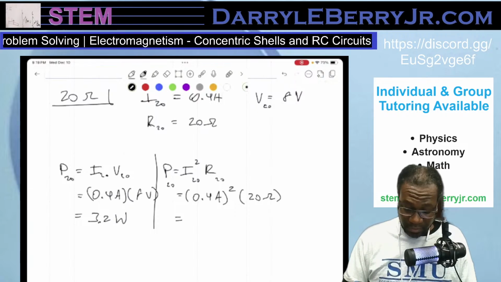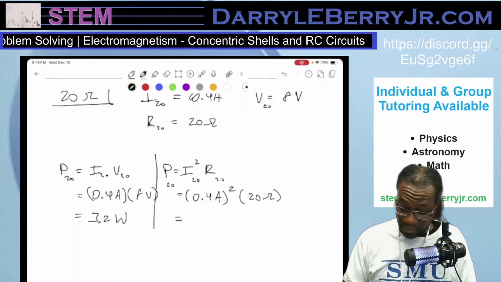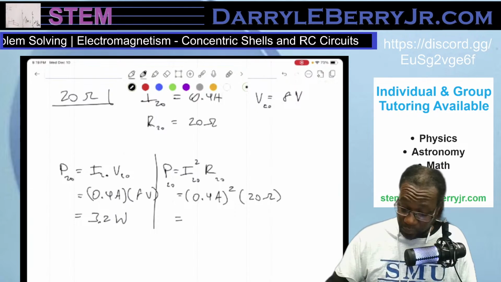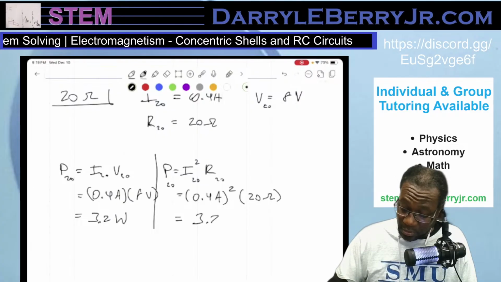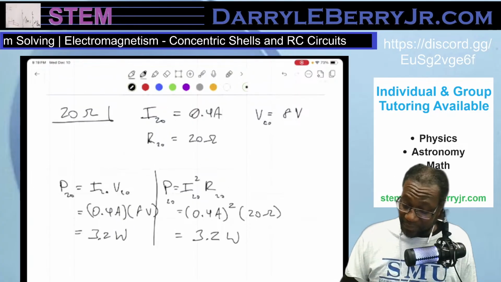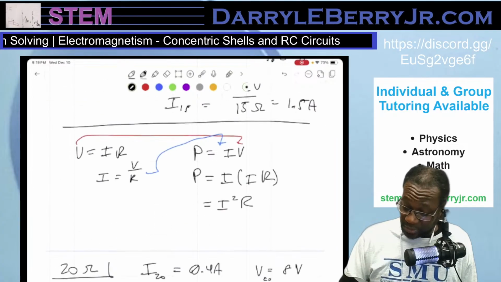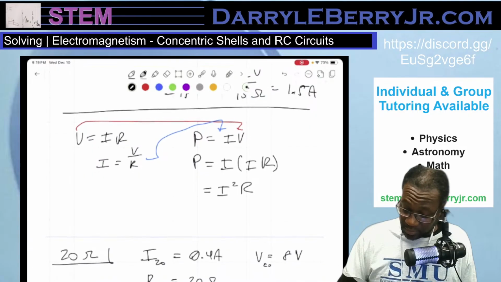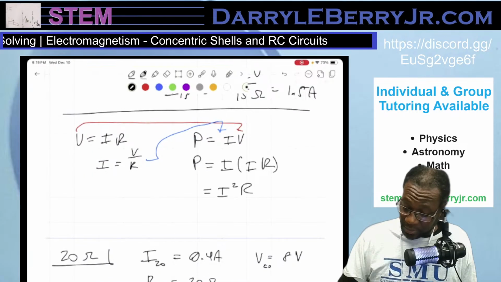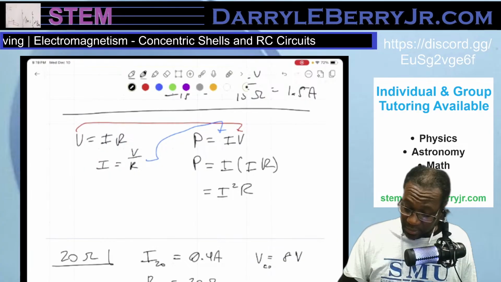Let's see what this is. 0.4 squared times 20 is 3.2. All right, so all we got to do is see if this last one works, then I did it correctly. We did P equals IV, we did P equals I squared R. What's the last one I did?